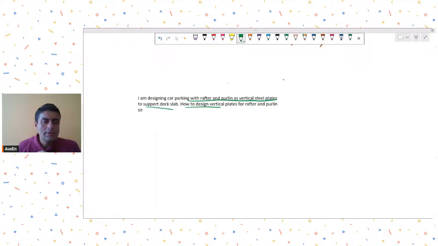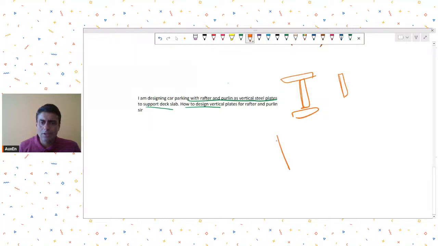I'm not sure what he's asking. I'm designing car parking with rafter and purlin. So you are saying you are using vertical steel plates for rafter. I mean, are you using built up sections? Or you are using only plates in rafter and only plates for purlins? That is, it does not have any flange like section.